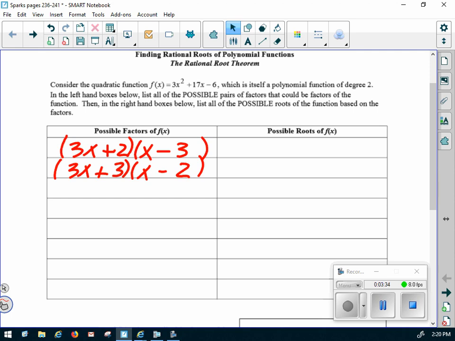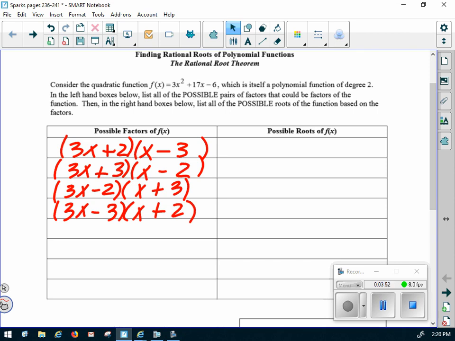But what if those signs aren't right? What if it's 3x minus 2 and x plus 3? Or 3x minus 3 and x plus 2?